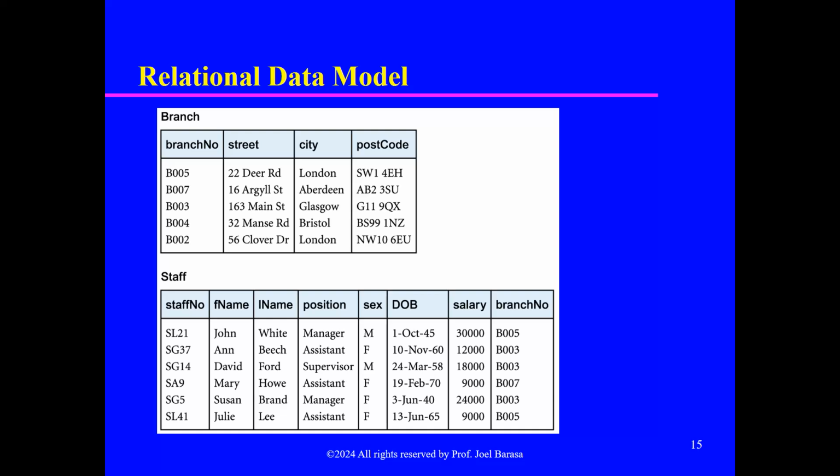You have the branch number in the branch table and the branch number in the staff table. So, branch number is a primary key in the branch table, but it is a foreign key in the staff table. Okay? In order to identify which branch this staff belongs to, you will have to call the unique numbers that identify different branches inside the staff table.